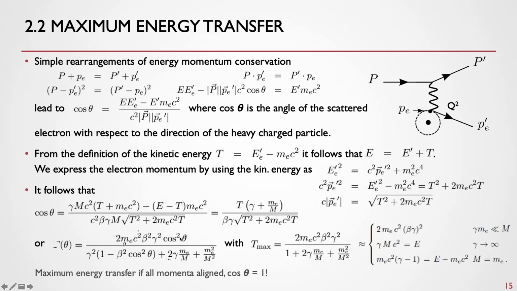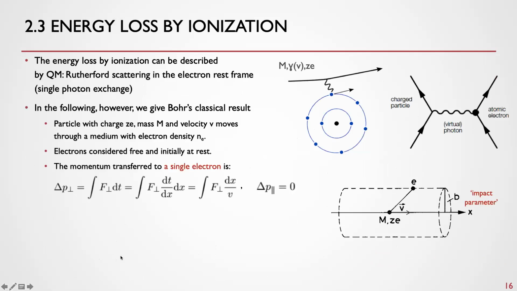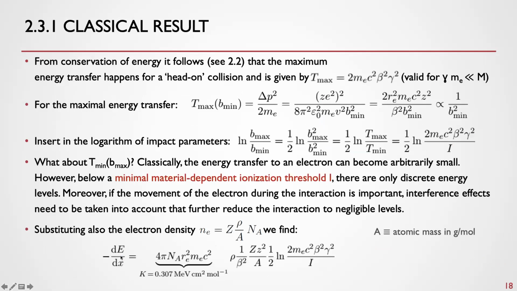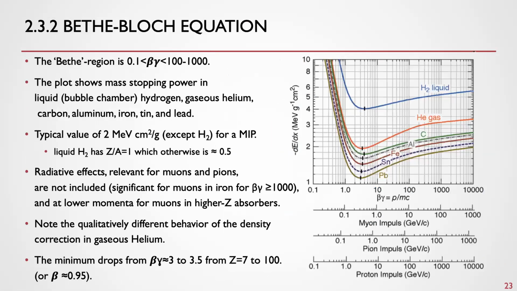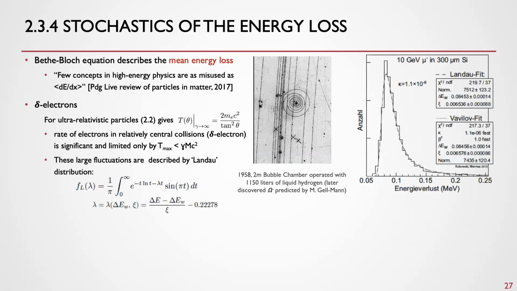You find a cosine in the numerator, and you find a sine in the denominator, because this beta squared becomes 1. And hence, the maximum energy transfer as a function of the angle of the scattered electron goes with 1 over tangent squared of theta.